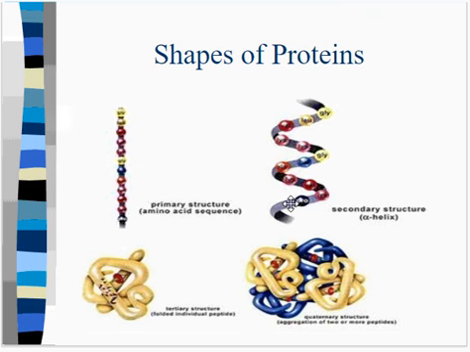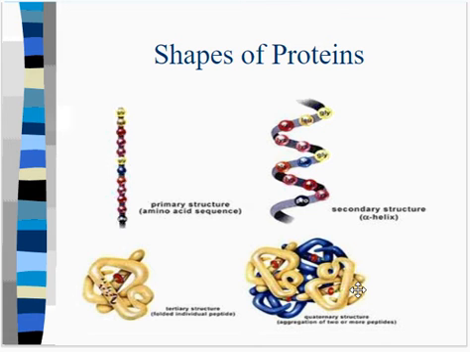Now those folds will also fold over on each other, creating a complex tertiary structure that gives the shape for the molecule. Now the last and most complex level of protein shape is the quaternary structure.